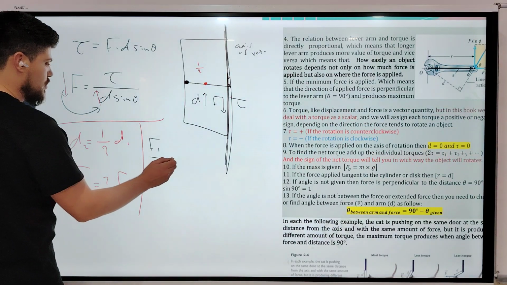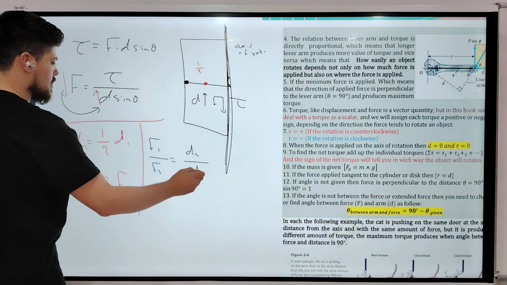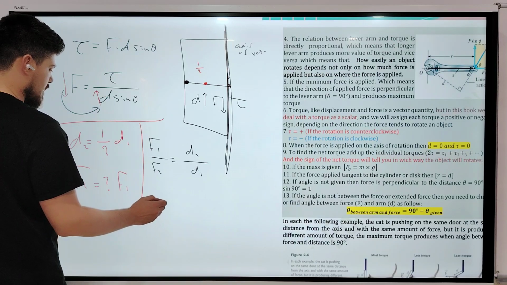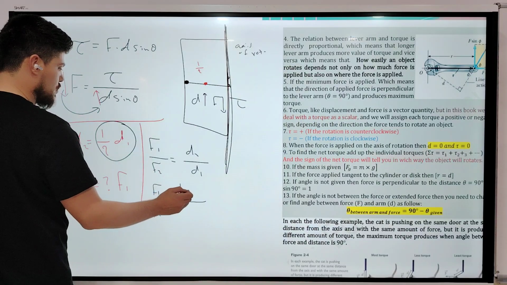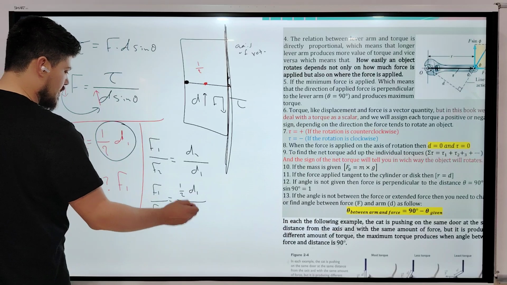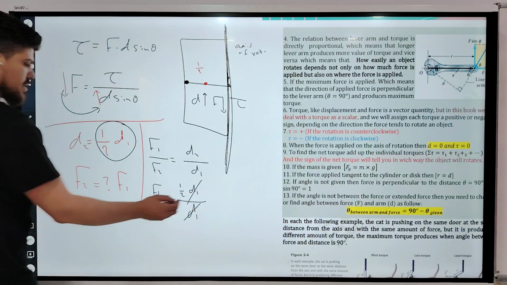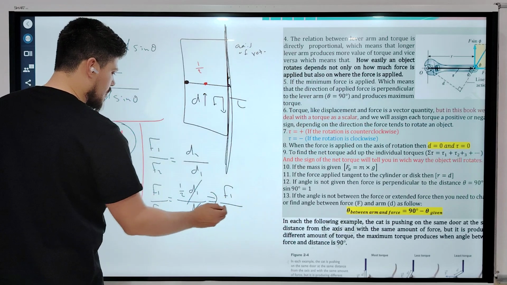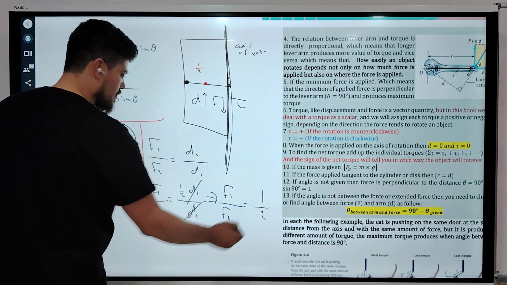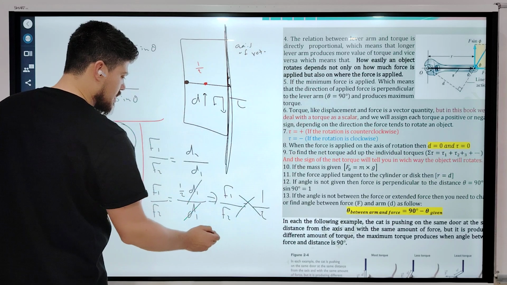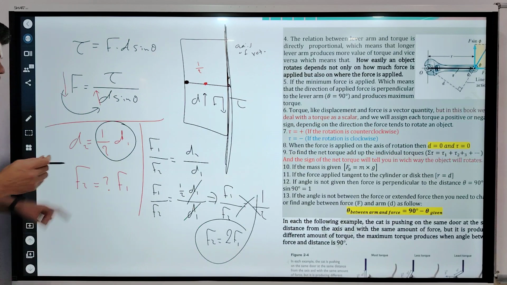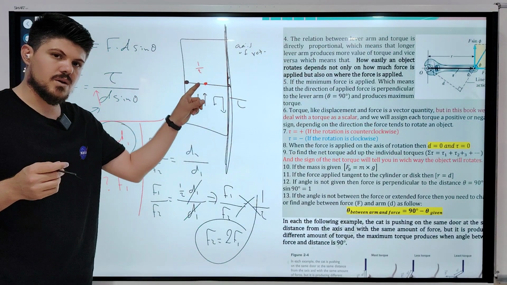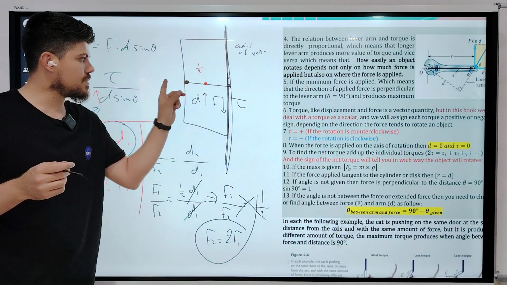F1 over F2 is equal to D2 over D1. Replacing, F1 over F2 is equal to 1 over 2 D1 over D1. D1 with D1 cancel. What remains? F1 over F2 is equal to 1 over 2. Cross multiplication: F2 is equal to twice F1.